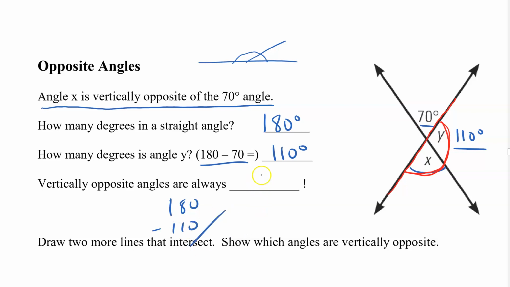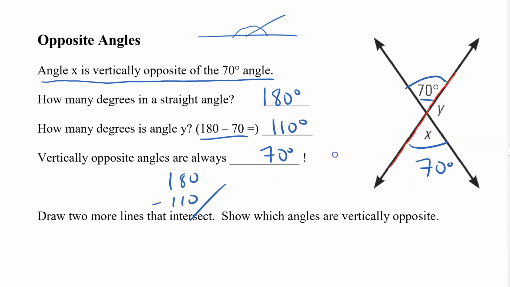And we're back to that 70 degrees. So this is kind of a proof. This is sort of logically thinking about the numbers here, and we can make up a rule. Whenever we have these opposite angles, in this case the 70 and the x, they're going to be the same number of degrees. So if the top one is 70 degrees, then that bottom one is 70 degrees.